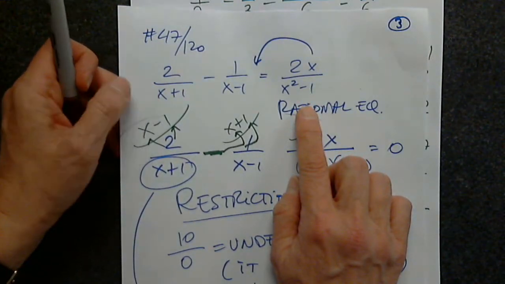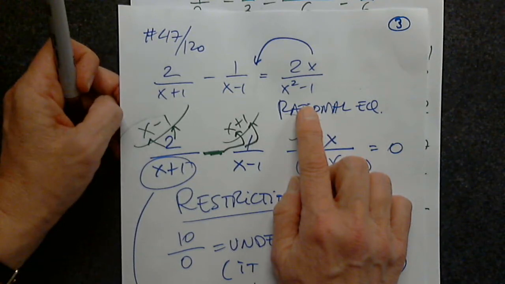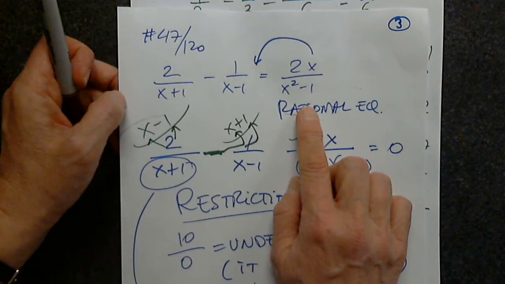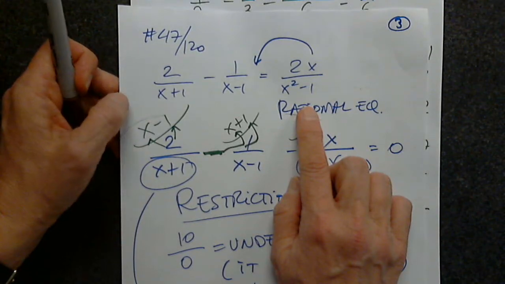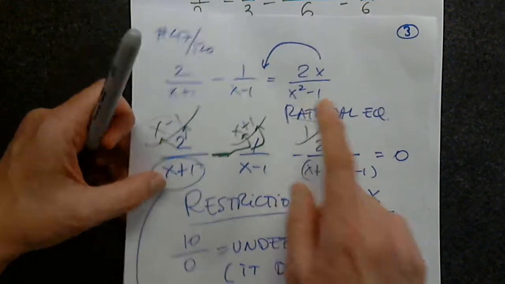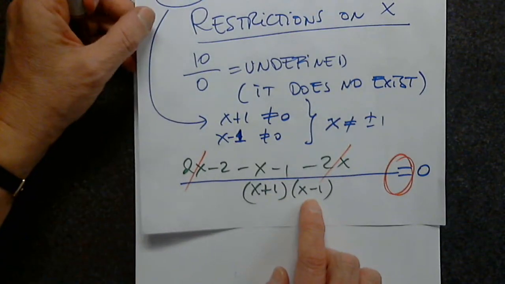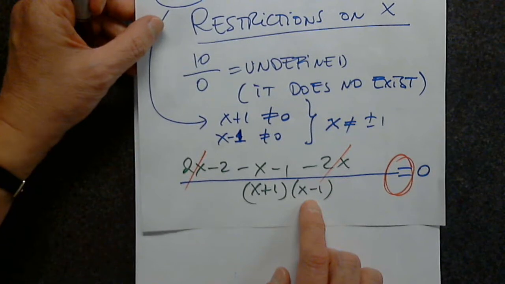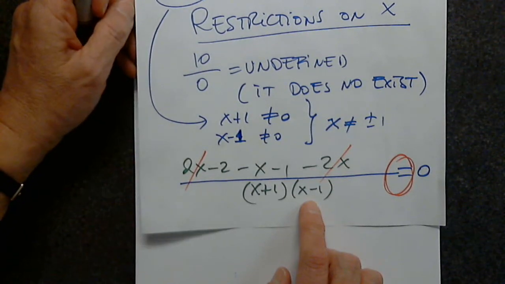But aren't all we're doing is bringing the x plus 1 and x minus 1 down, just keeping it in the denominator? Yes, you cannot eliminate that. Okay, I think I got it.